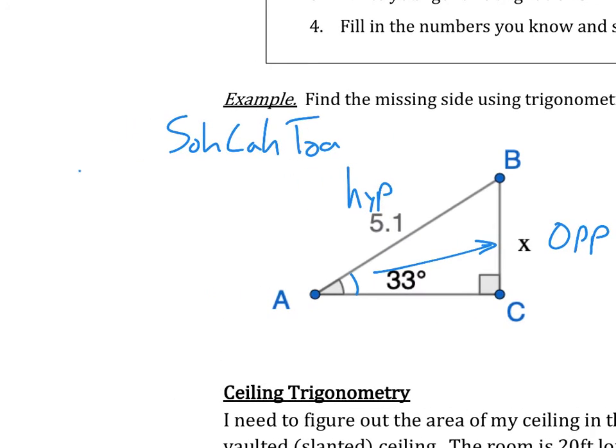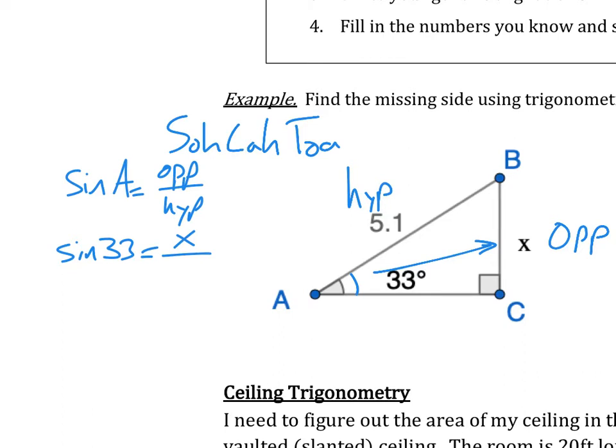So we know sine of our angle is opposite over hypotenuse. The angle we have is 33 degrees. The opposite we don't know, and the hypotenuse is 5.1. Now sine of 33, we need a calculator for that.